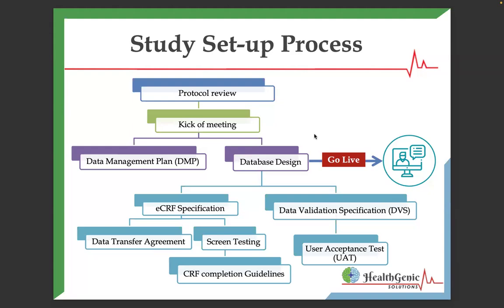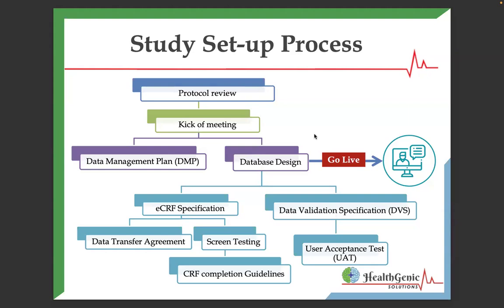Then there is a data transfer agreement, called DTA. In a clinical trial, we use multiple different systems. When we combine all the data, that information is being collected from different systems, and in order to collect that data we use a transfer agreement.